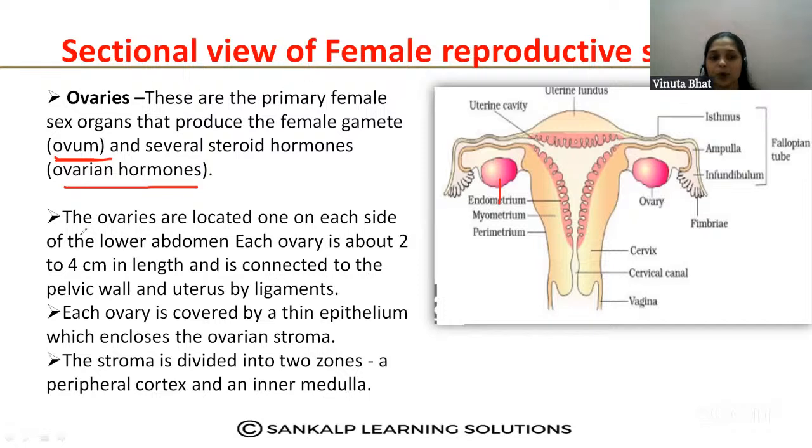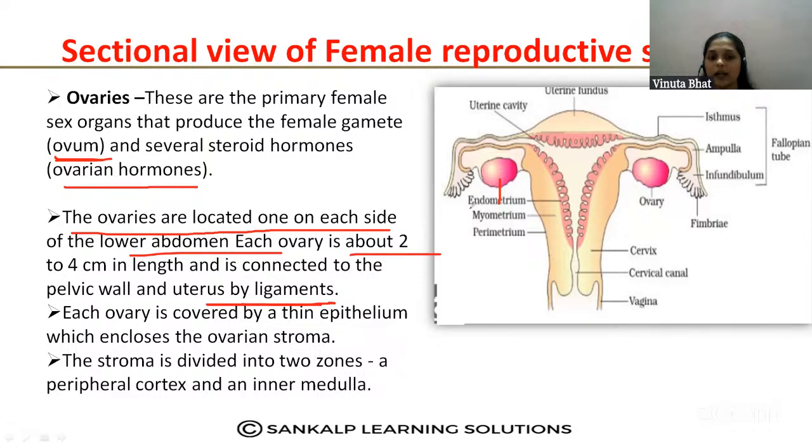Then this is important. The ovaries are located one on each side of the lower abdomen, and each is about 2 to 4 centimeter length and connected to the pelvic wall and uterus by ligaments. And how is it connected? ಇದನ್ನು ಕೂಡ MCQ ಅಲ್ಲಿ ಕೇಳ್ತಾರೆ. ಈ ಓವರಿ ಅನ್ನೋದು ಪೆಲ್ವಿಕ್ ವಾಲ್ ಗೆ ಕನೆಕ್ಟ್ ಆಗಿದೆ, ಯುಟರಸ್ by ligaments.